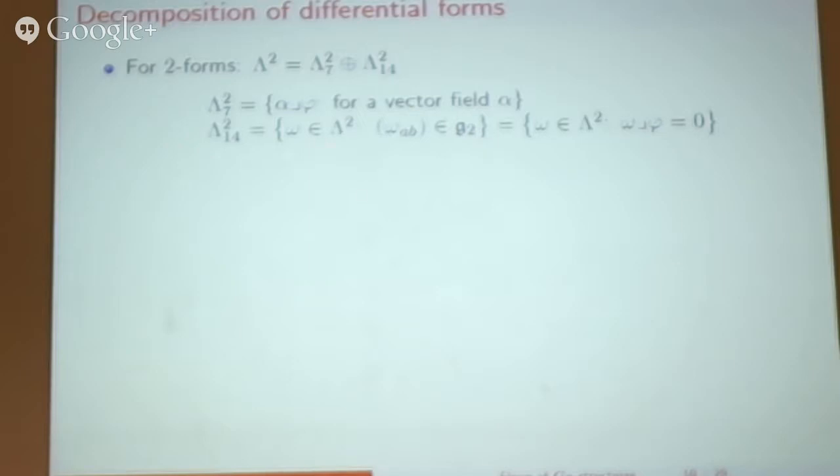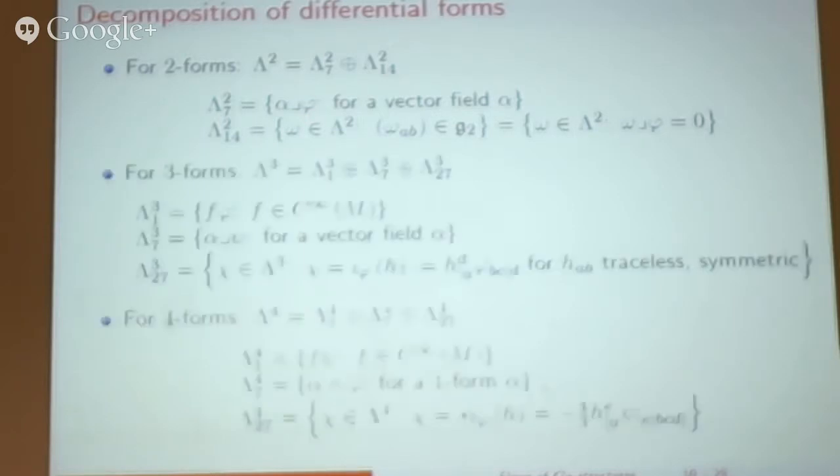These are basically 2 forms such that the components are in the Lie algebra of G2. And the other piece we can obtain by taking any vector field and again contracting it with phi. That will give us a 7-dimensional piece of the 2 forms.